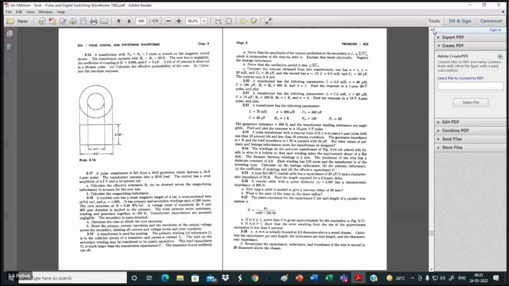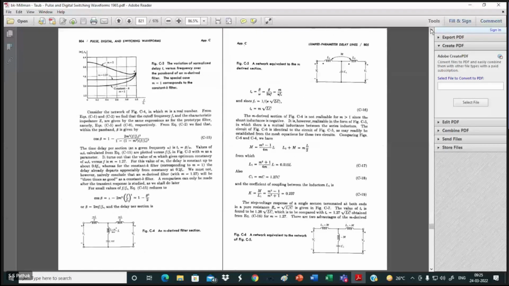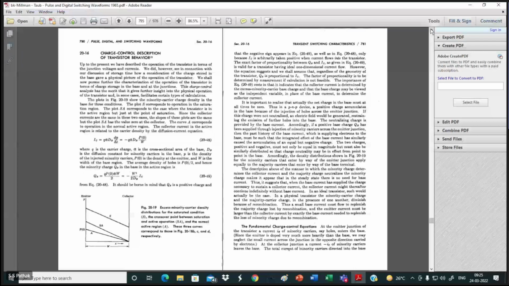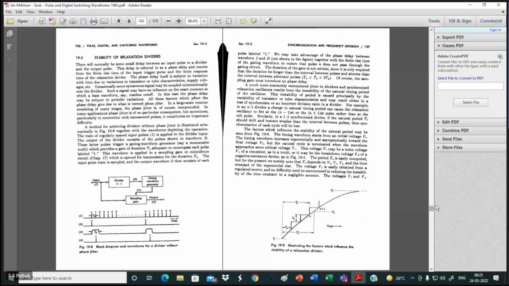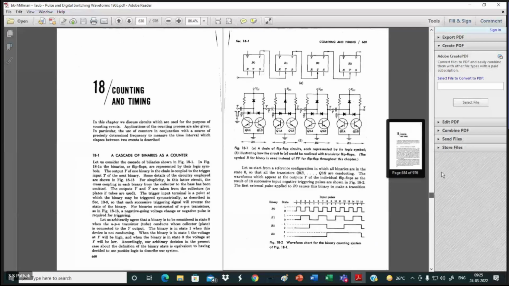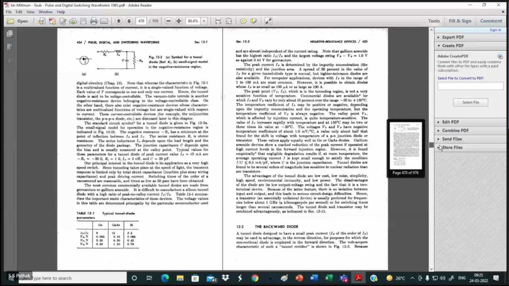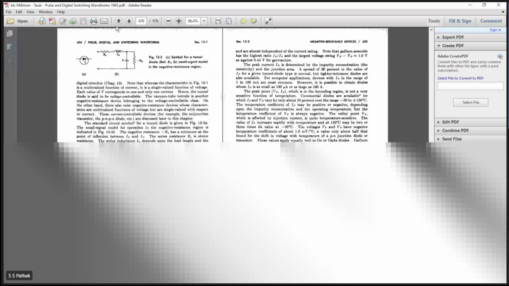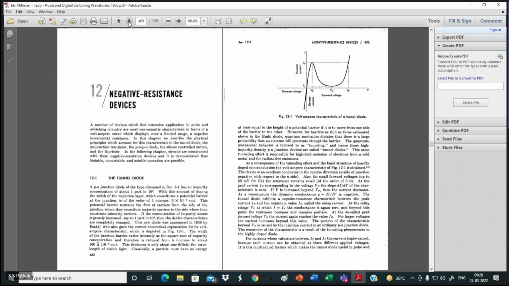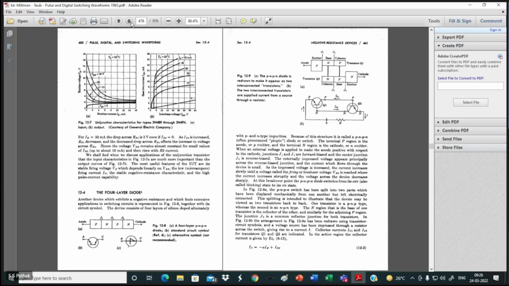Where is that gone? Sorry, where is it gone?